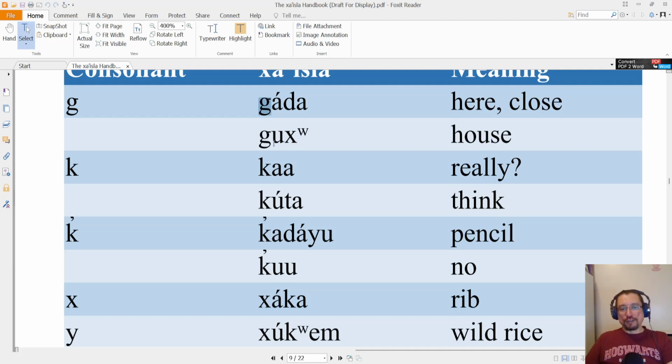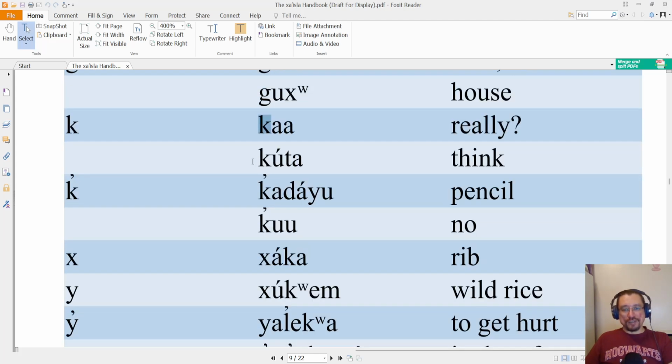So this G, it's not a G sound like it is in English. It's gya when it's followed by an A, or gyu when it's followed by a U. So there's kind of a hidden sound built into it.